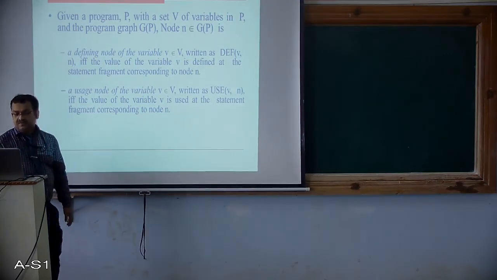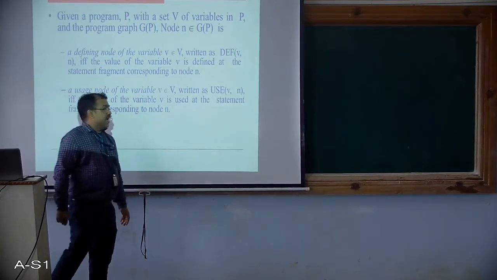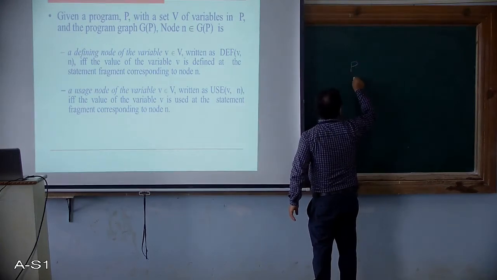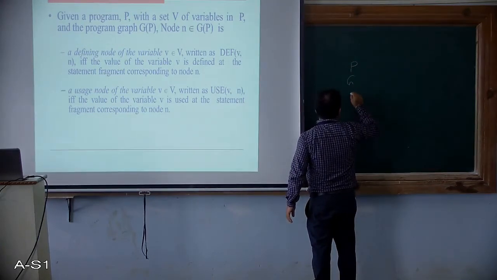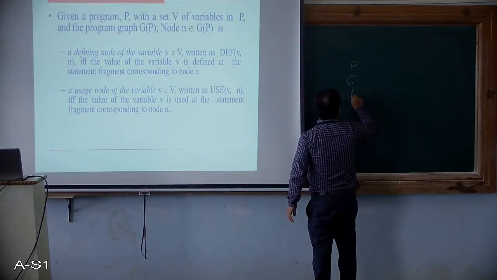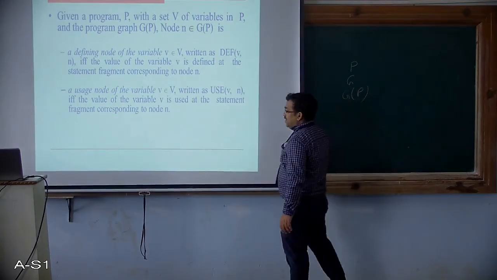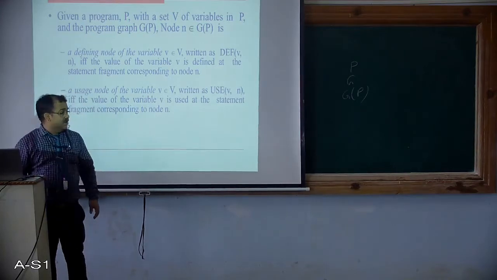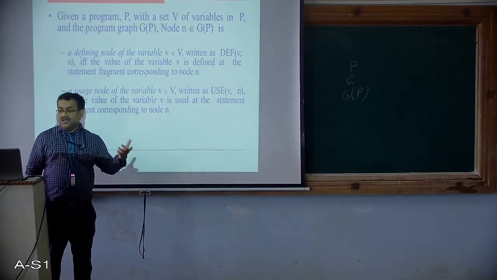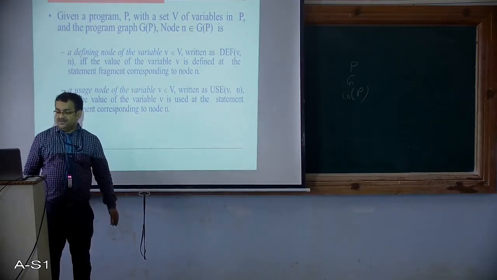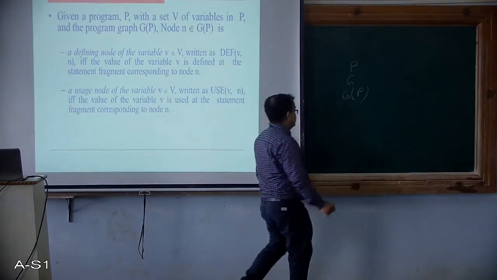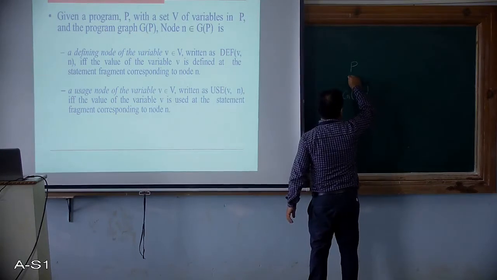So we have a program P, and we are going to create a graph G. A program graph is identified by G(P). It is basically a set of variables V.